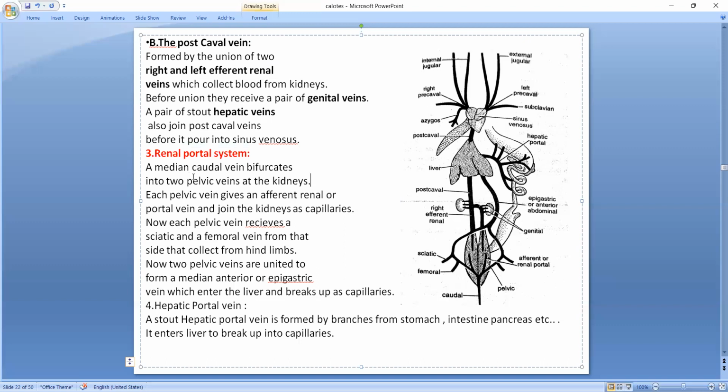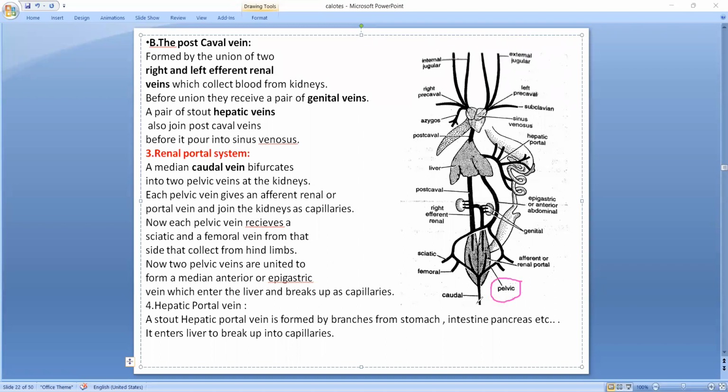This is the renal portal system. A median caudal vein, this one, bifurcates into two pelvic veins. This one is a pelvic vein.